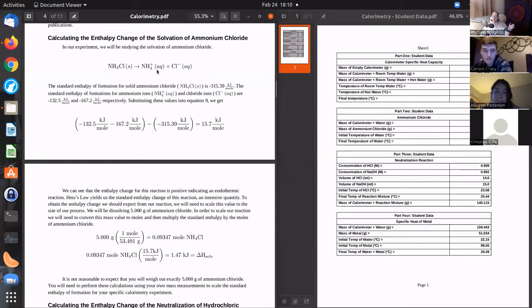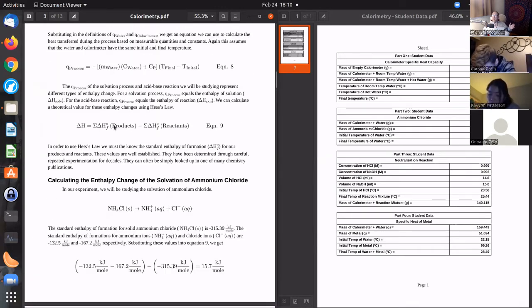So if this is our equation, I need to know the standard enthalpy of formation of ammonium chloride, ammonium ions that are aqueous, and chlorine ions that are aqueous. Okay. And I just went and looked them up, right? So here, this one would be the one for, I believe, ammonia. This one here is the one for chlorine. Okay. I'm summing them together.